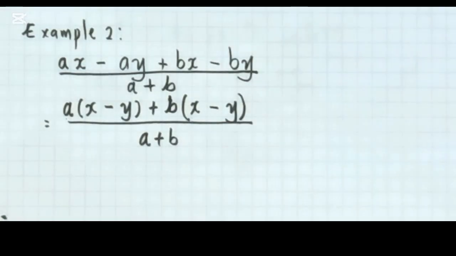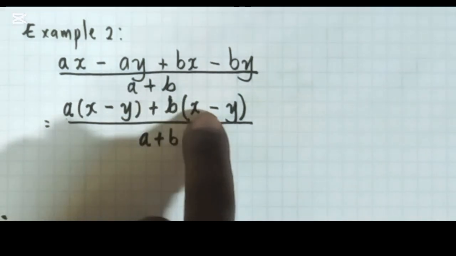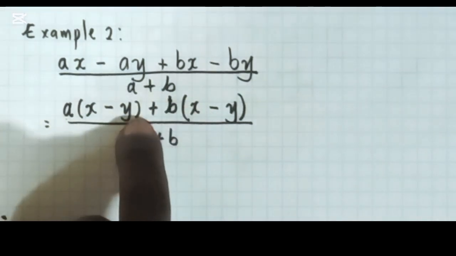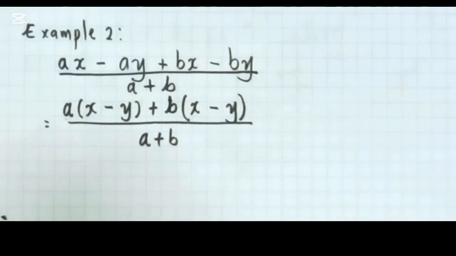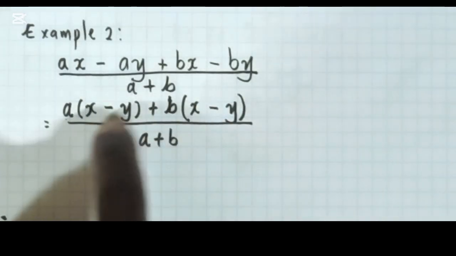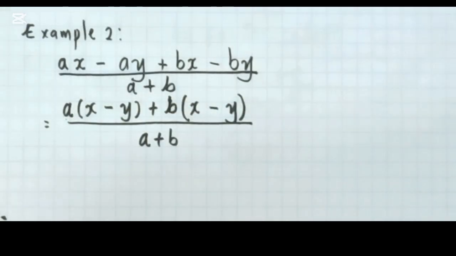And so notice what we do after here. So long as the brackets are identical, and x minus y and x minus y are identical, whatever terms we have in the brackets, we then do factorization by grouping.